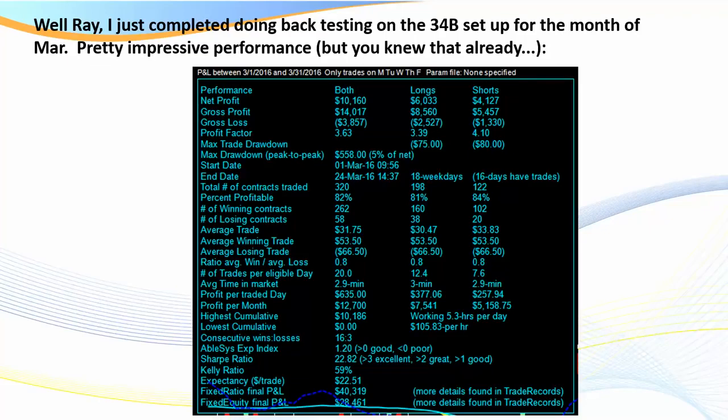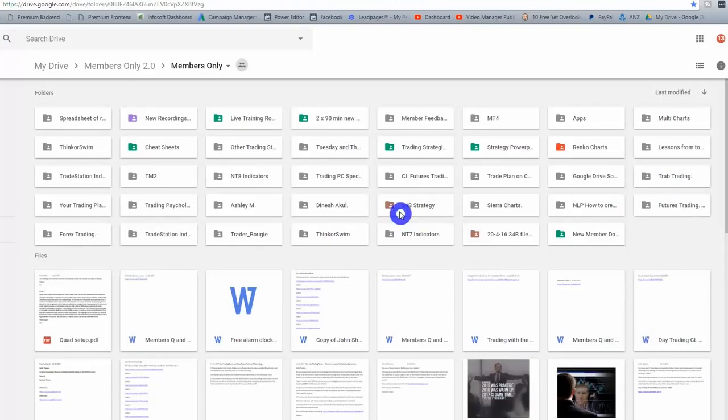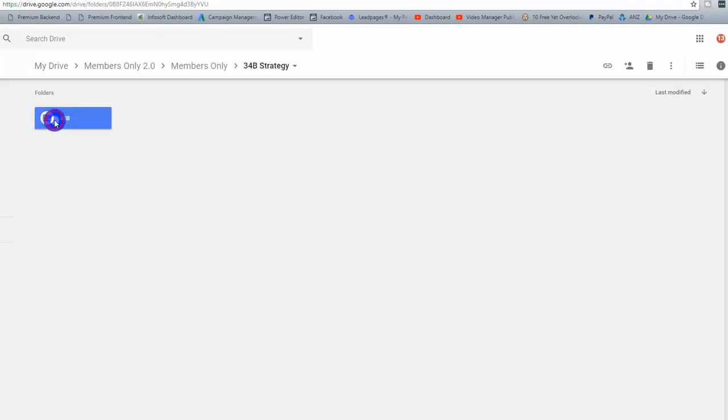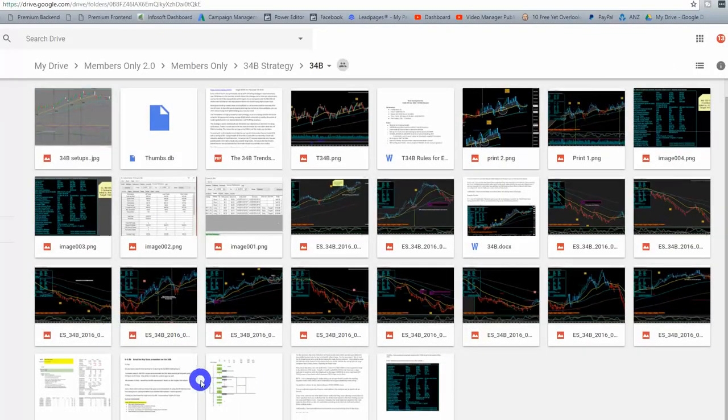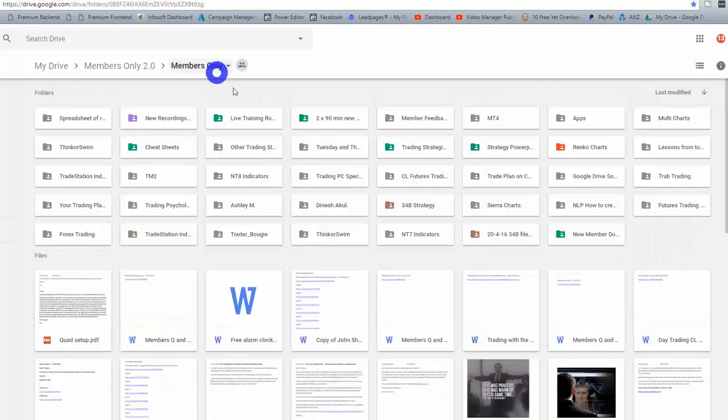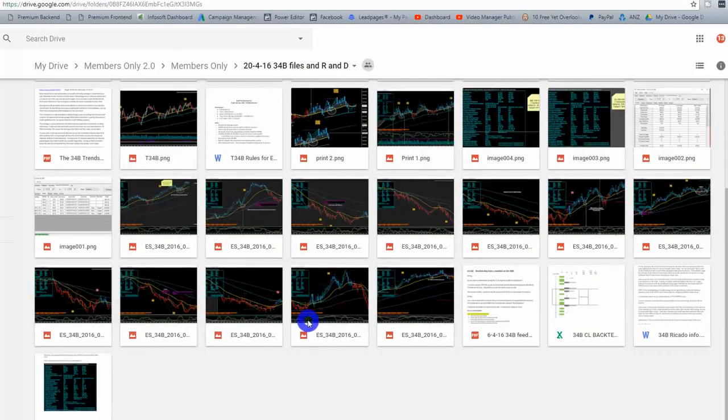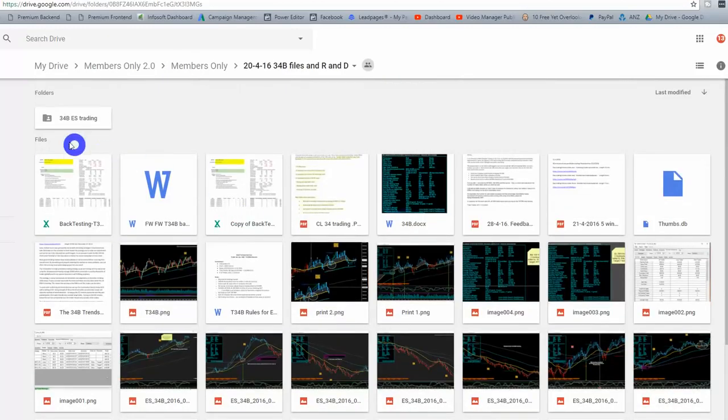Just to go back to the Google Drive, where it says 34B, if you go into that folder, you'll find a ton of research, screenshots, feedback from members, etc. There's another folder where some of the information is repeated, but there are two different folders there.